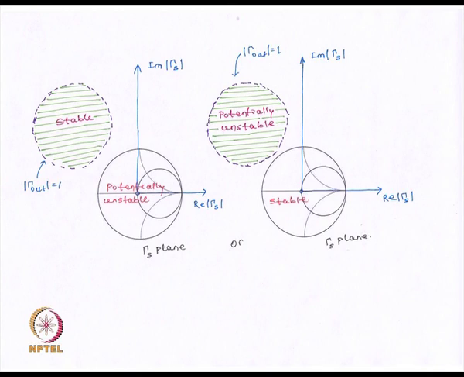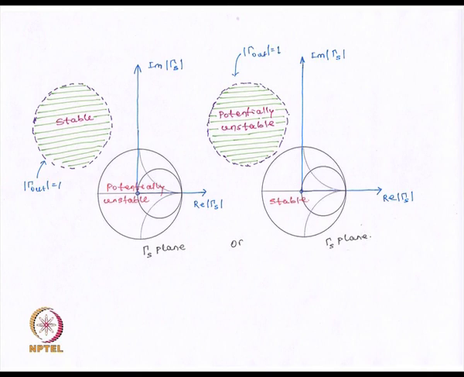So, the locus of this input stability circle corresponds to modulus of gamma out equal to 1. Now, again we have the same problem, which is the potentially unstable region and which is the unconditionally stable region.